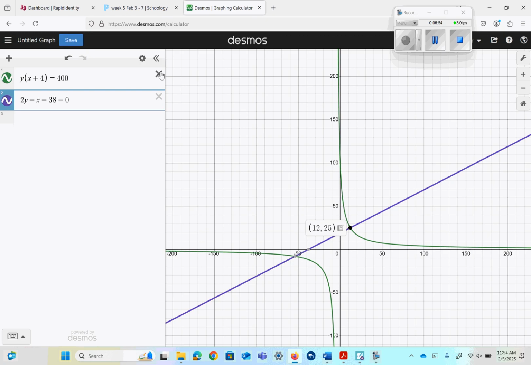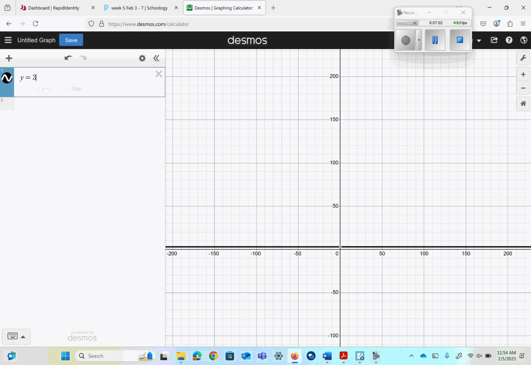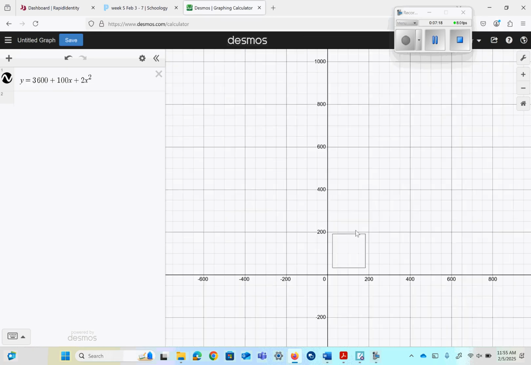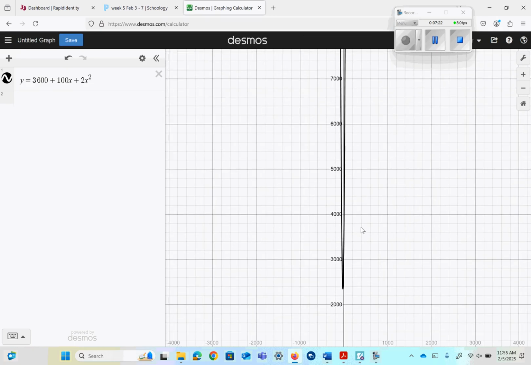I think we can. All right, so the first equation, C(x), so I'm going to go y equals 3,600 plus 100x plus 2x squared. Okay, so we got to find where that's happening way up there. Cool.